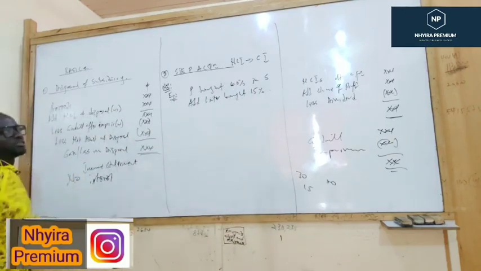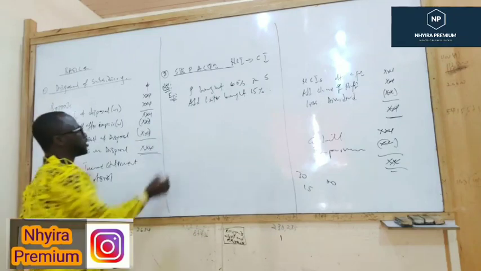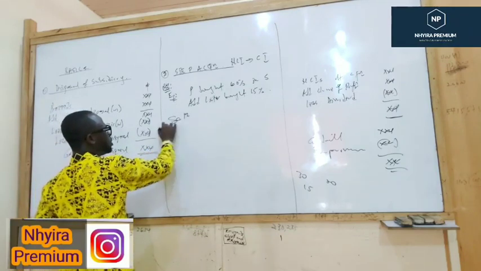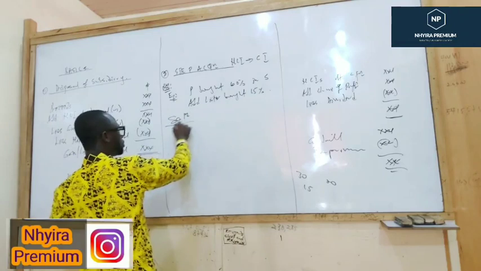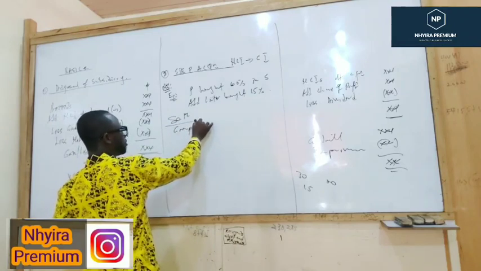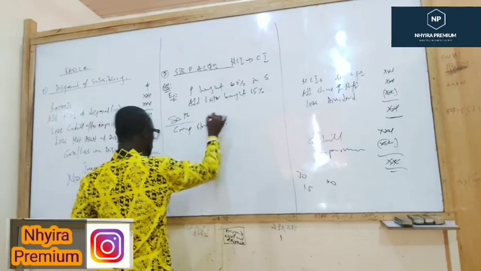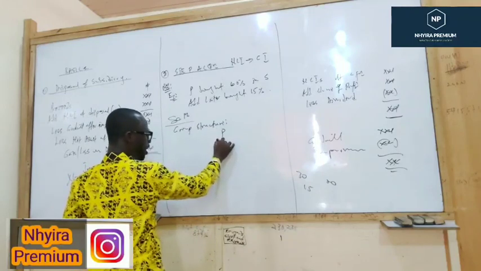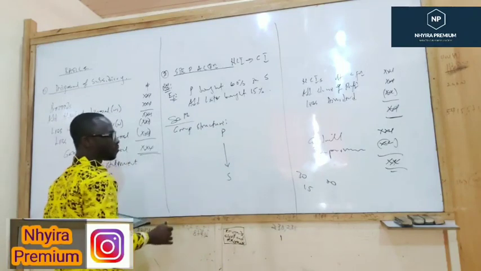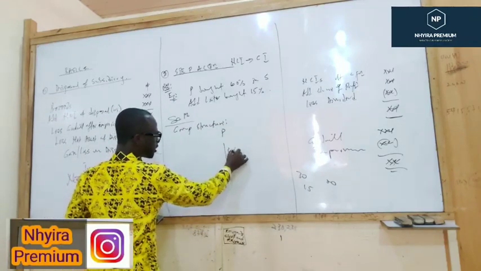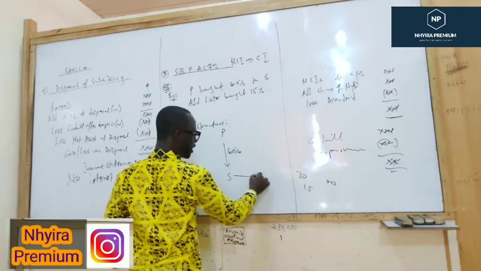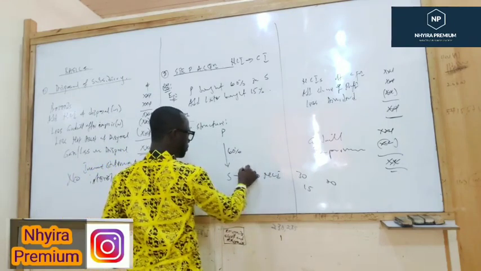This is step acquisition. So how do we go about it? The first thing is to determine our group structure. So on the group structure level, we're going to be having the parent and then the sub. The parent initially had 60%, so now NCI has 40%.